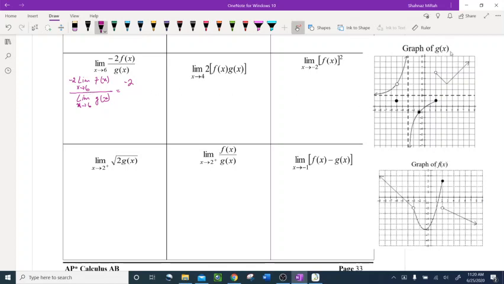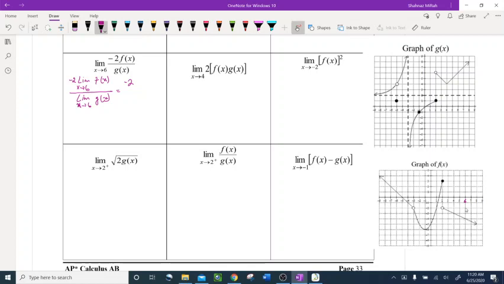I check the graph first before I go straight to find my limit. This is f of x, and I'm approaching 6 from the left and from the right. Which graph am I using for f of x at 6?